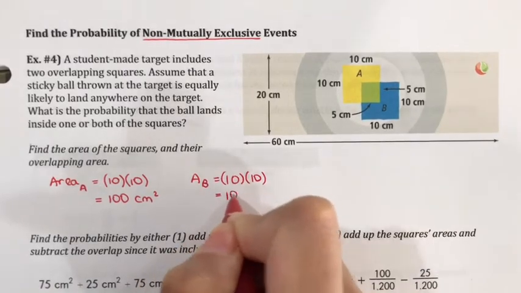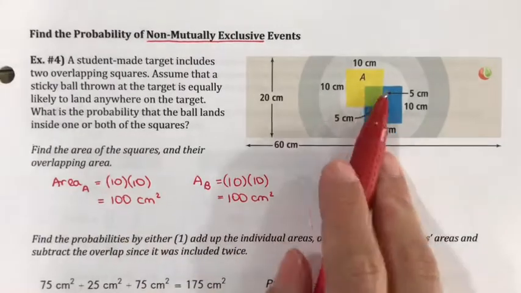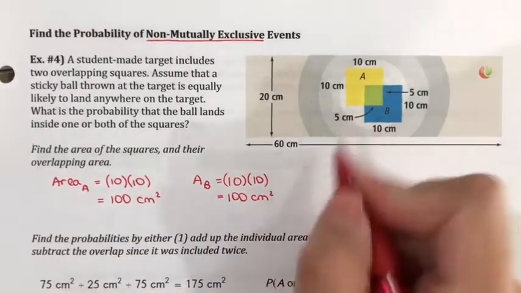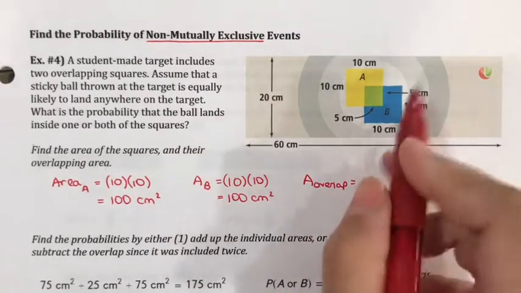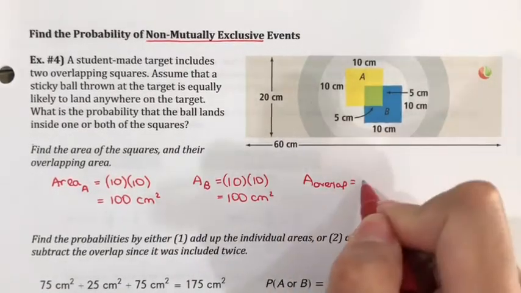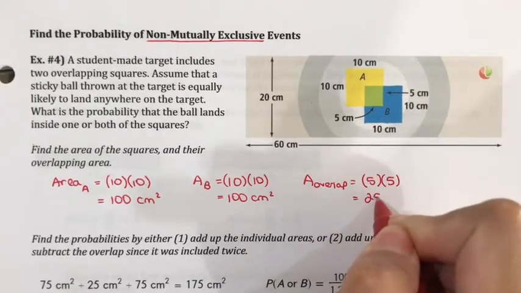Which gives me 100 centimeters squared. And then the overlapping area is this spot over here. So that's a little 5 by 5 square based off the way it's marked, which is 25.